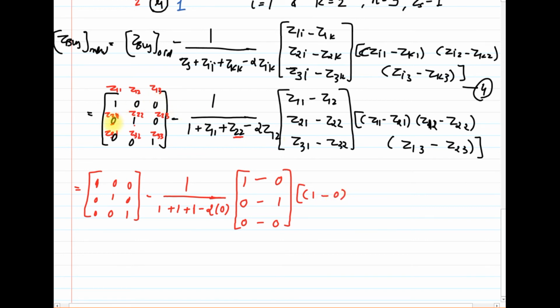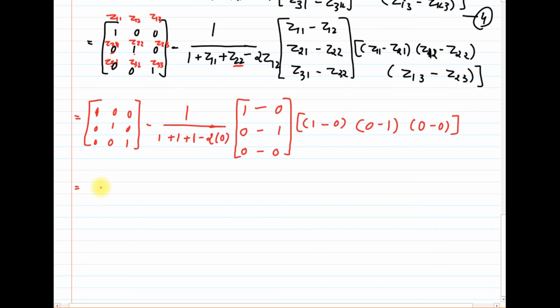Yes, just verify Z21 which is 0. Z12 again is equal to 0 minus Z22 which is 1. Then the last one is Z13, which is 0 minus Z23, again 0. Clear?